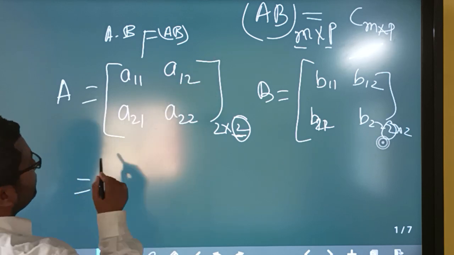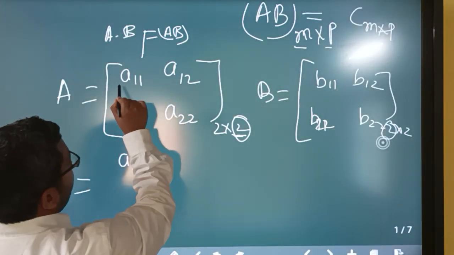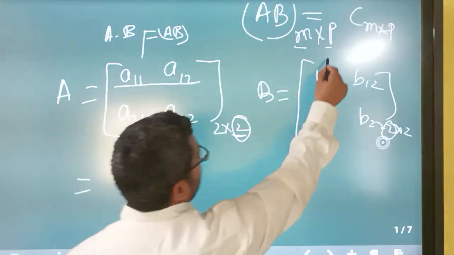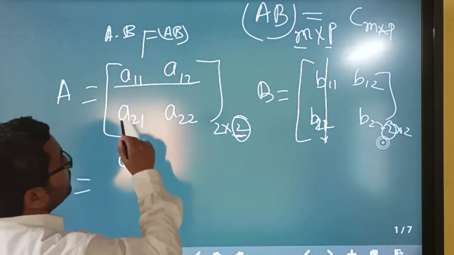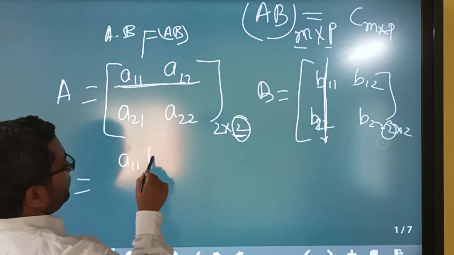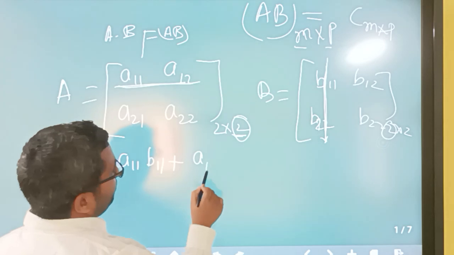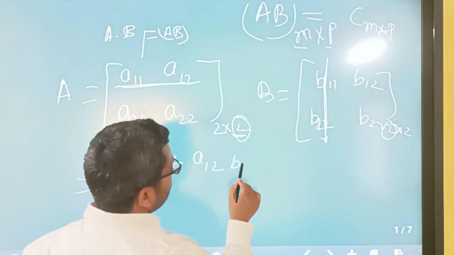We can find the first element: first row, first column. A11 B11 plus A12 B21. Similarly, A11 B12 plus A12 B22.